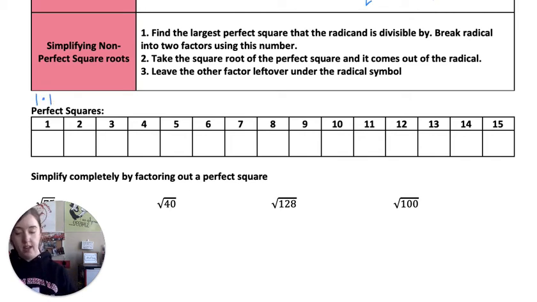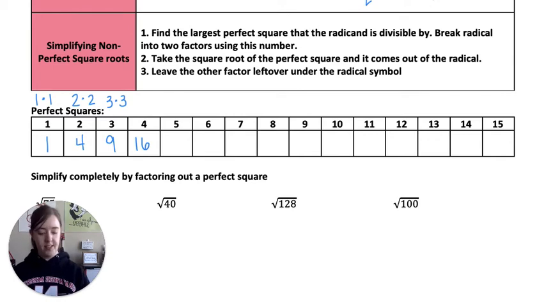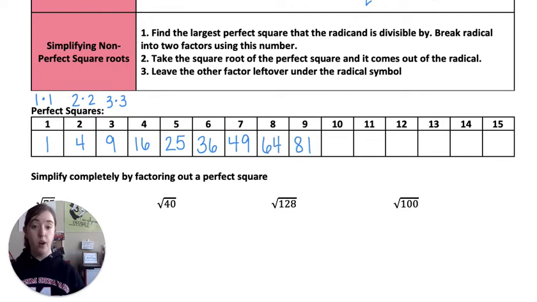So 1 times 1 is 1. 2 times 2 is 4. 3 times 3 is 9, and so on and so forth. 4 times 4 is 16. 5 times 5 is 25. 6 times 6 is 36. 7 times 7 is 49. 8 times 8 is 64. 9 times 9 is 81. 10 times 10 is 100. 11 times 11 is 121. 12 times 12 is 144. 13 times 13 is 169. 14 times 14 is 196. And 15 times 15 is 225.